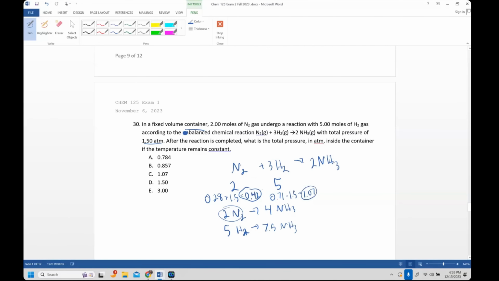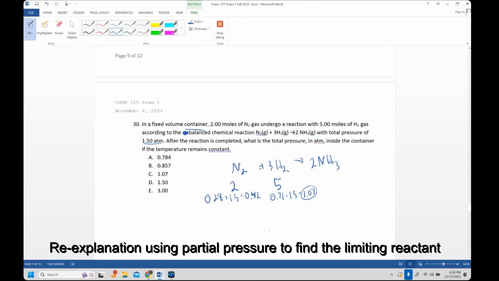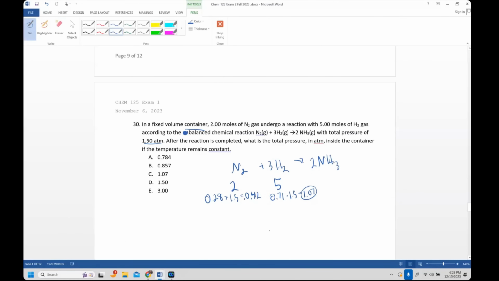So if we try to find the limiting reactant this time using the pressure, what will happen? Sorry about that. So for N2, 0.42 will create, it's a 1 to 2, it'll create 0.84 for the N2.